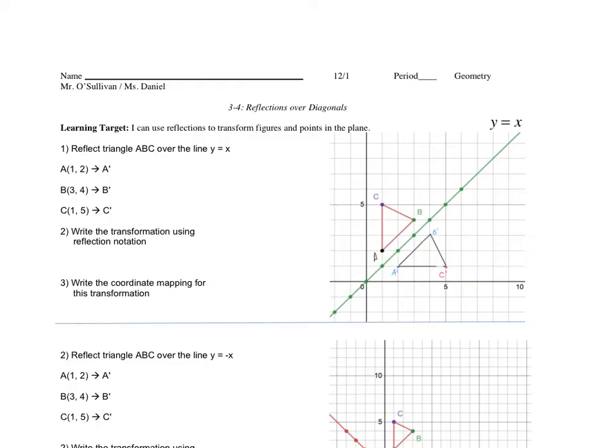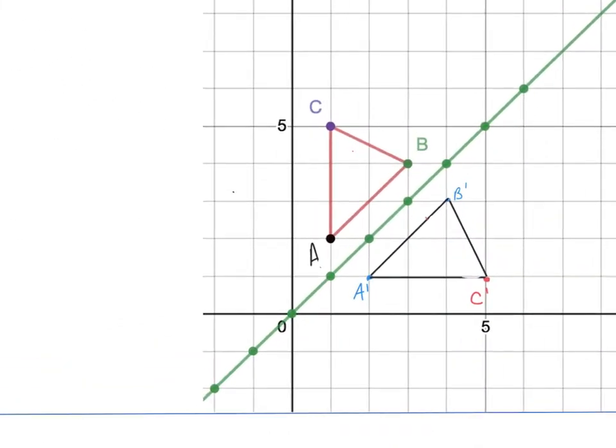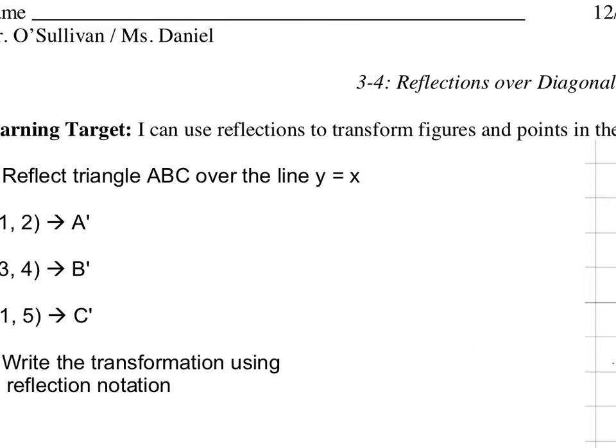So now what we want to do is write down what these points are as ordered pairs. If I look at A prime, I went out 2 and up 1. So this is the point (2, 1).